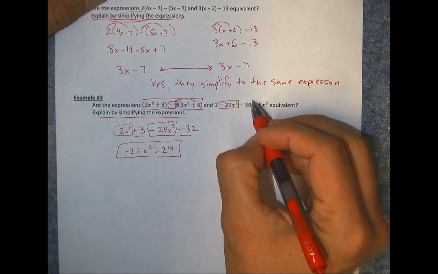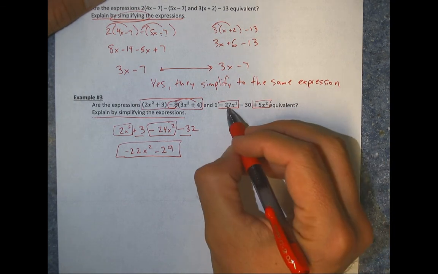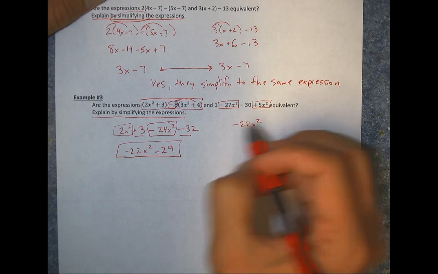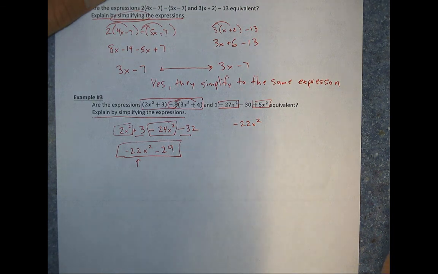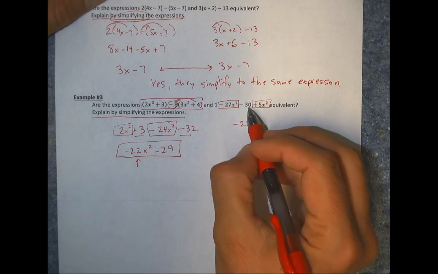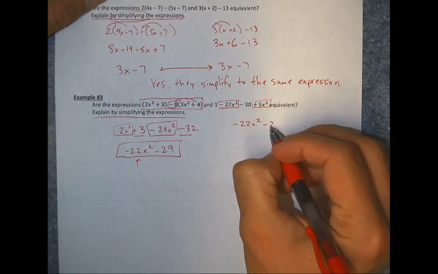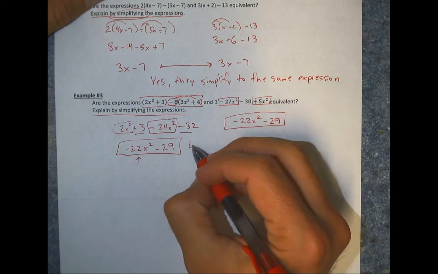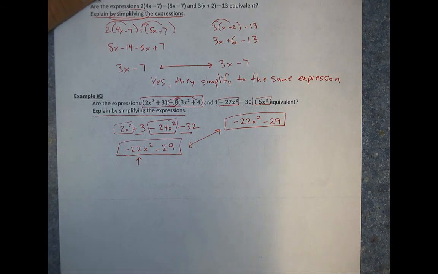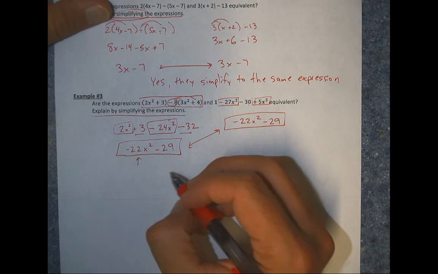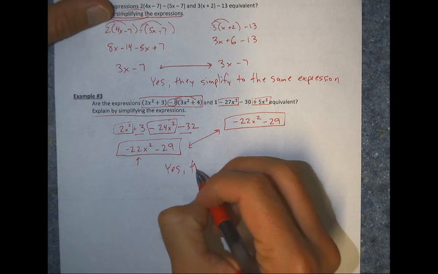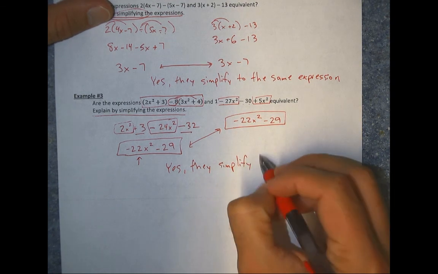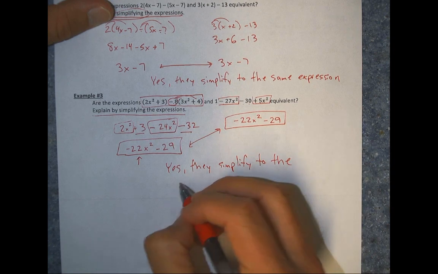So I have a x squared and an x squared, negative 27, positive 5, that's negative 22x squared. So far, so good. And I have a 1 and a negative 30. If I put those together, that's a negative 29. So both expressions simplify down to the same expression. So are they equivalent? Yes, they simplify to the same expression.